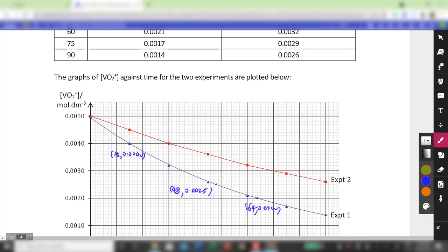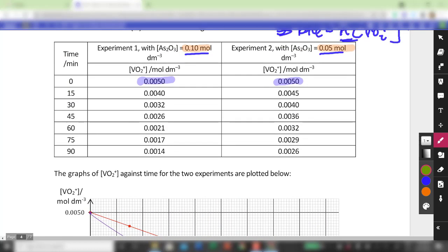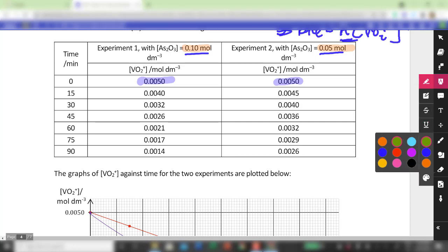Some of the students actually highlighted that from the data on the graph, they can easily tell that the order of reaction with respect to As2O3 is actually 1. How did they do that? What they did was they simply looked at the time. At 45 minutes, vanadium 5 is 0.0026.